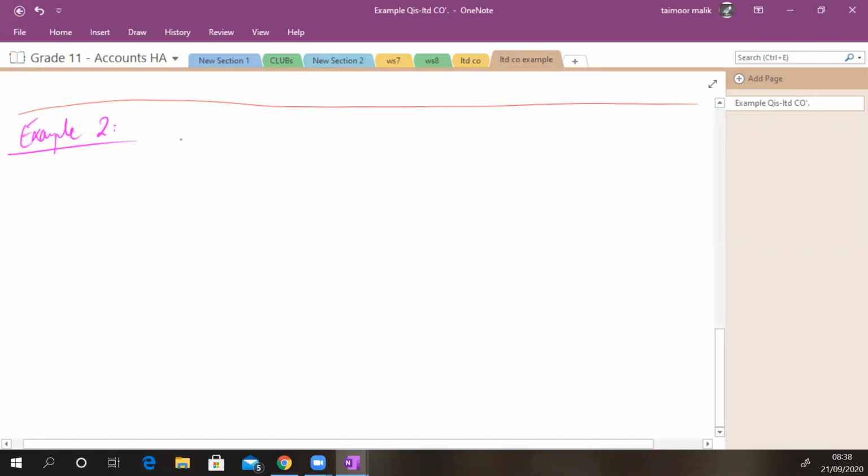Example 2. $0.5 ordinary shares जिनकी value है 100,000. Share premium 40,000.